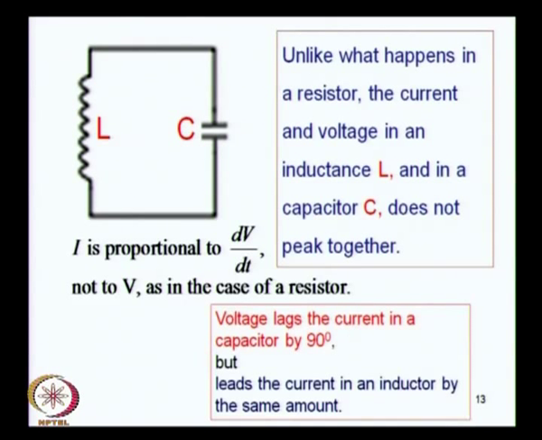So, how would you show it in a diagram? If you pick a direction for the current, then the voltage lags the current in the capacitor by 90 degrees. That is shown by this arrow over here, and it leads the current by 90 degrees as shown by this arrow over here.